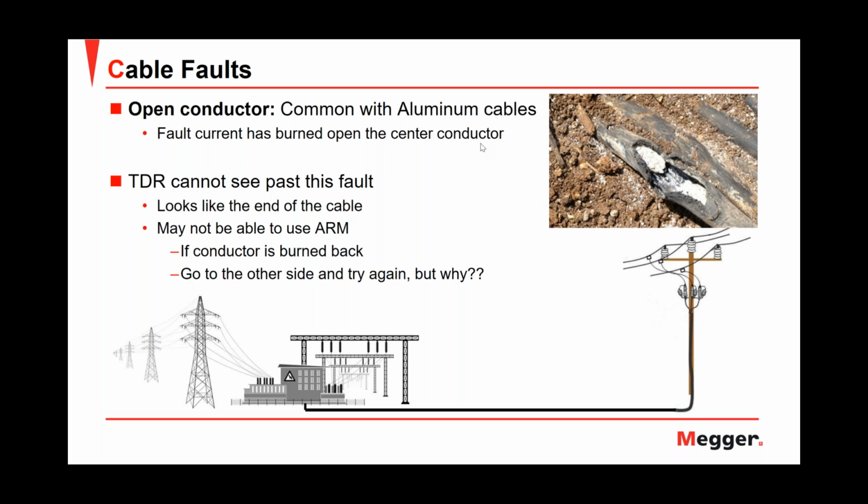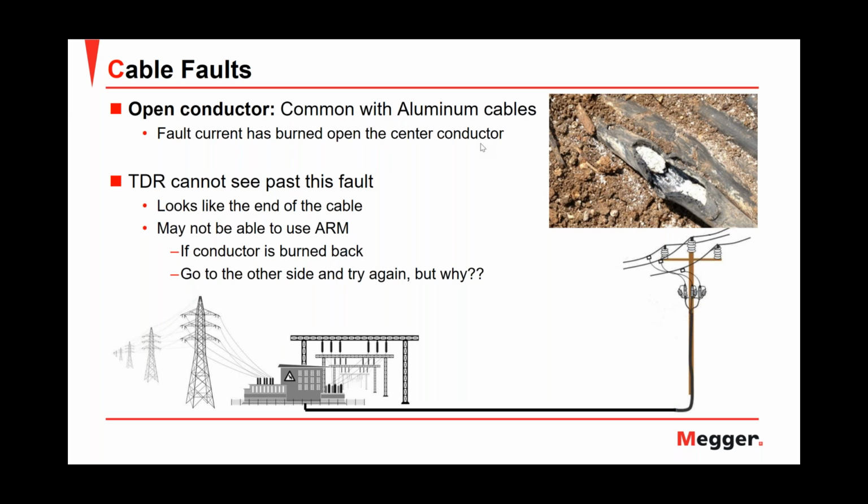We can think one more time that the pulse of the TDR will walk with one leg in the center conductor and the other in the concentric. As long as I have continuity, the pulse of the TDR will go through the cable. But if I have no continuity in my center conductor or in my concentric, the pulse of the TDR will stop right away.